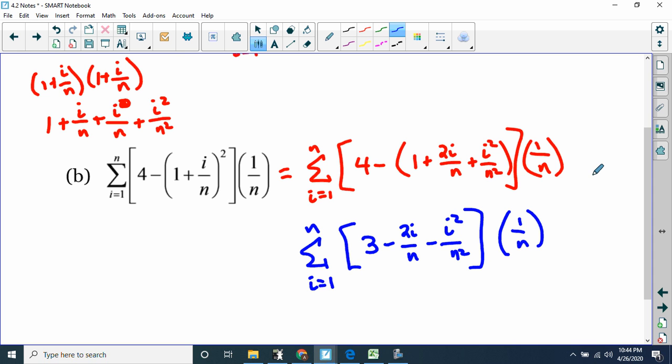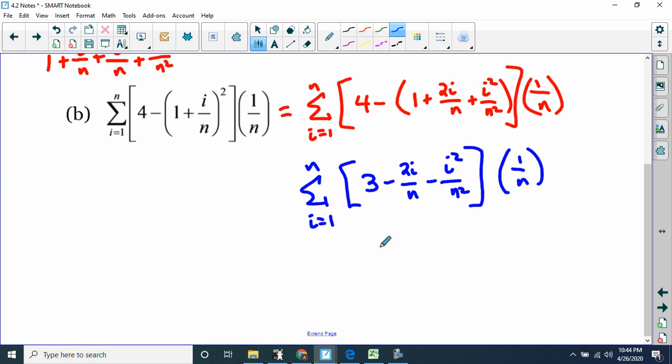And distribute this 1 over n. So I've got 3 over n minus 3i over n on the bottom, and n on the bottom is n squared on the bottom. And here I've got n cubed on the bottom.